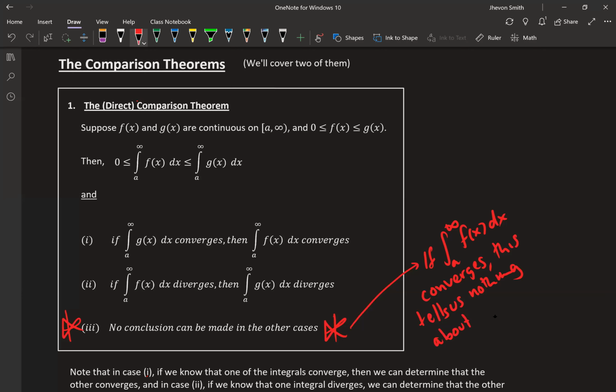So knowing that f converges, we are still left to guess what's going to go on with g. And if the integral of g diverges, this tells us nothing about f.